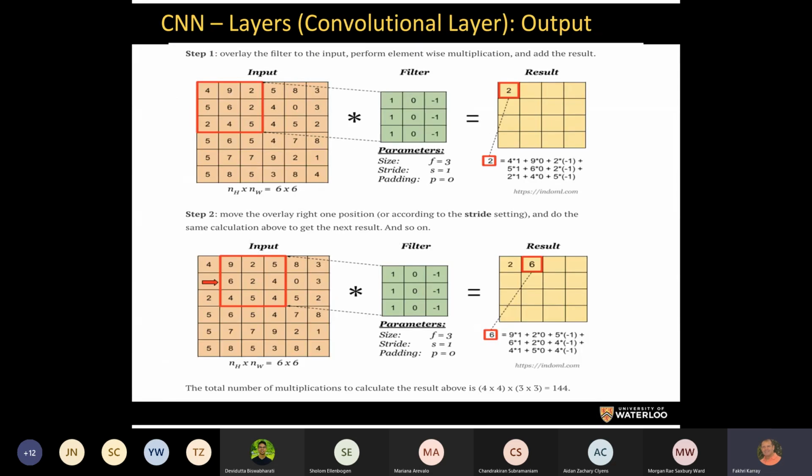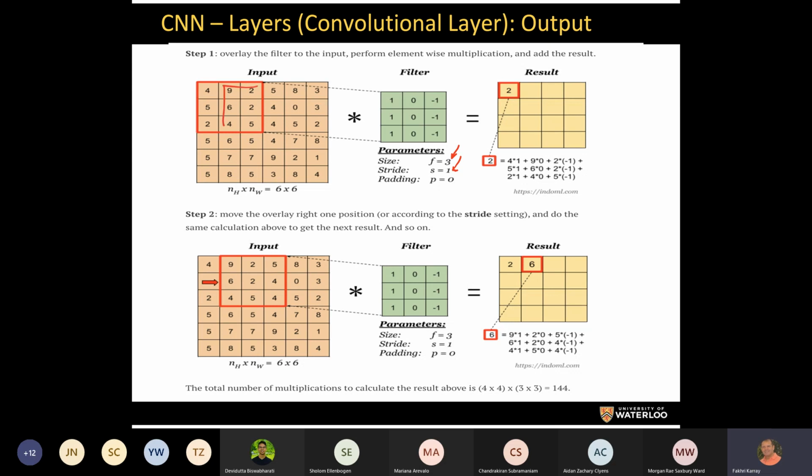Okay. Here, I'm not going to repeat these things, but this is the computation that we did last time and how we obtain these parameters. A parameter for convolution is the size of the filter, which is 3 by 3. Then the number of strides, the sliding from this position to this position.